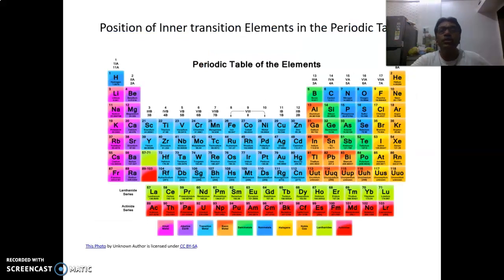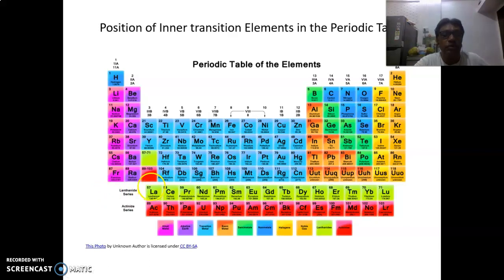So to understand this, let us see the periodic table. What is the position of the inner transition elements in the periodic table? You can see here in group 3 are scandium, yttrium and lanthanum. Actually there are vacant places here. At the bottom part of the periodic table, the elements from lanthanum to lutetium are shown. So why is lanthanum placed at the bottom part of the periodic table?